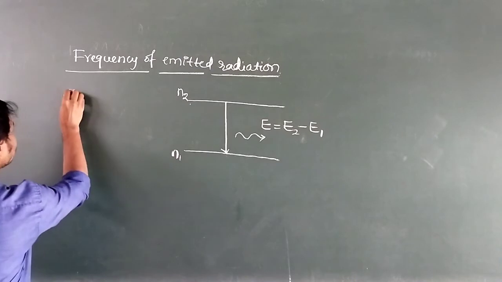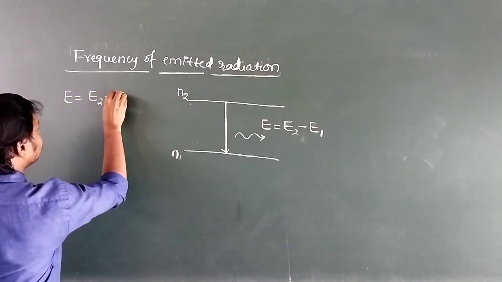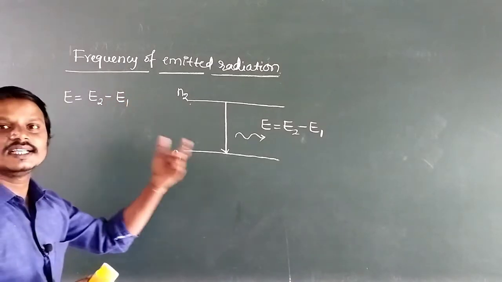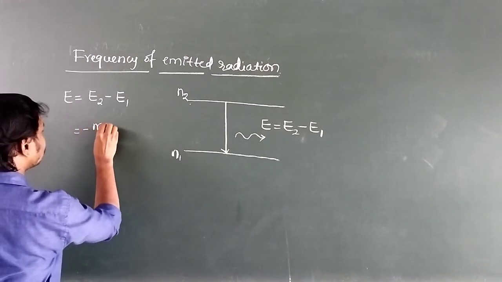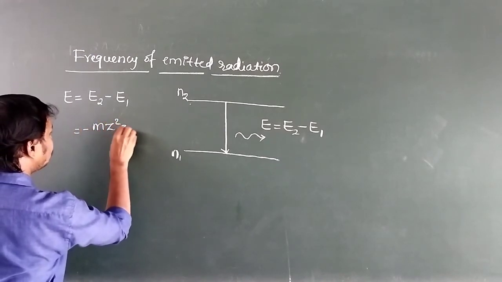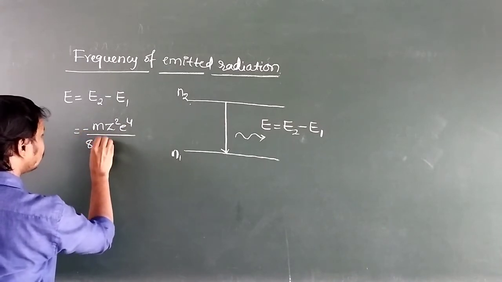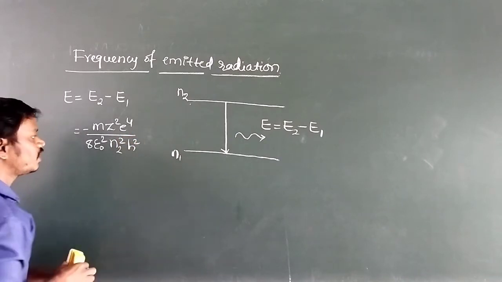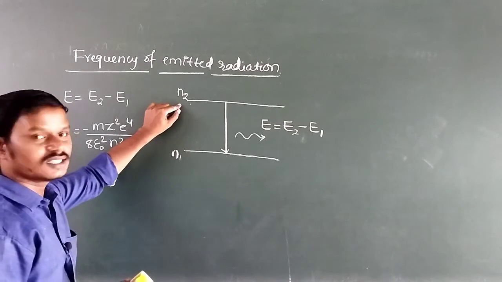Now E is equal to E2 minus of E1. Then what is energy of the electron in the nth orbit? That is minus of m z square into e to the power of 4 divided by 8 epsilon naught square n2 square into h square, because the principal quantum number of higher orbit is n2.